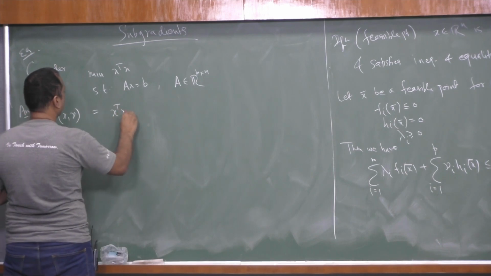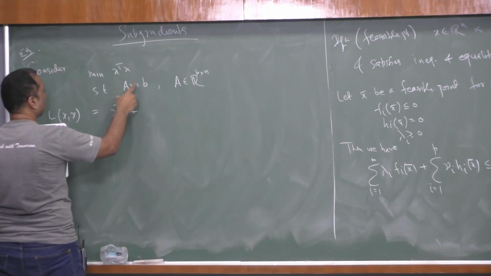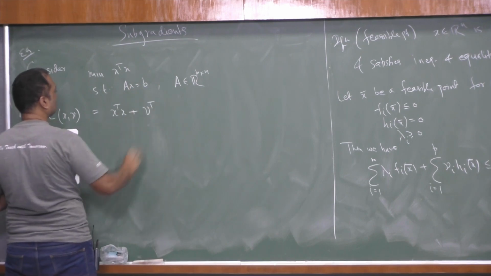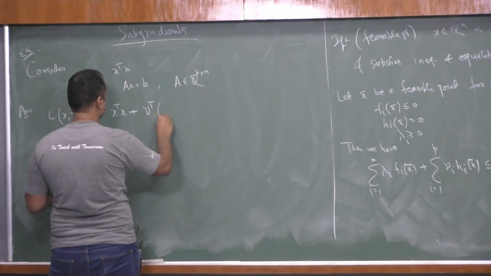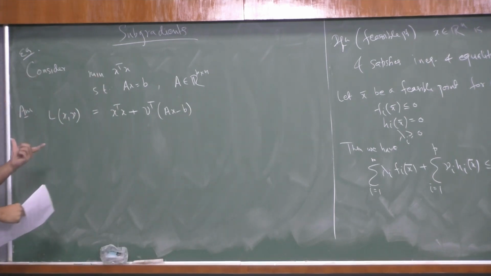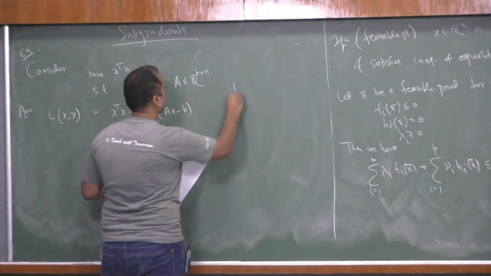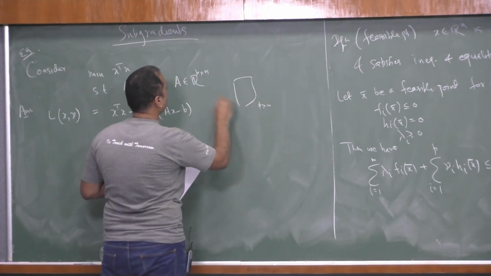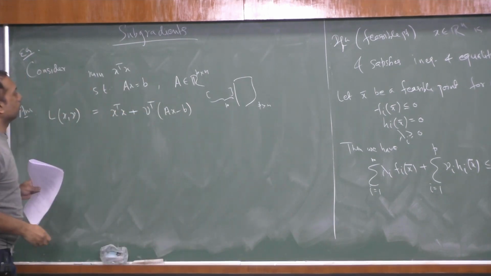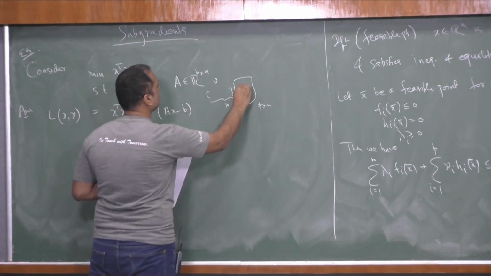So x transpose x plus, since this is written in vector form, the nu I choose will also be a vector: nu transpose (Ax minus b). So nu obviously will be of length p, because A is p by n. So nu should be of length p.